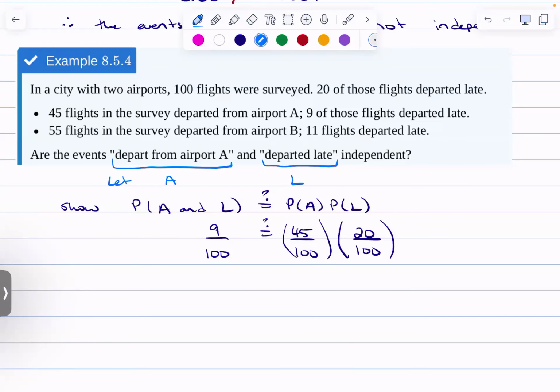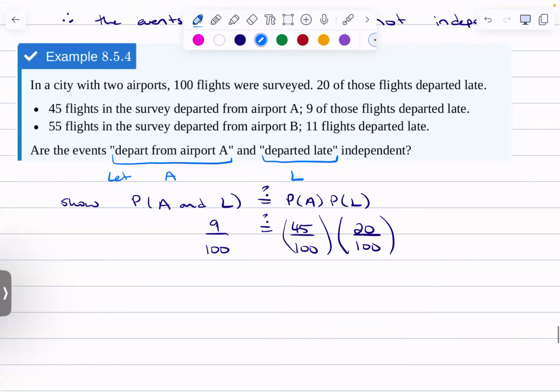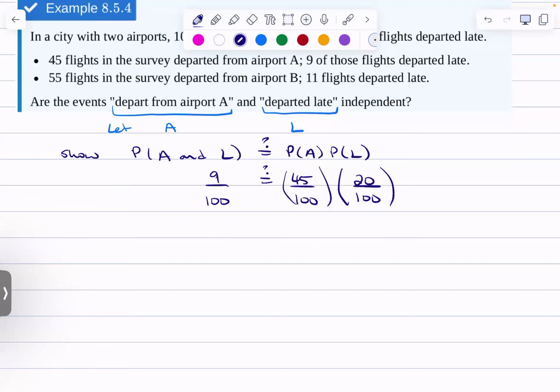So using your brackets, 45 over 100 times 20 over 100, I get 0.09, which looks promising. 9 out of 100 is also 0.09.